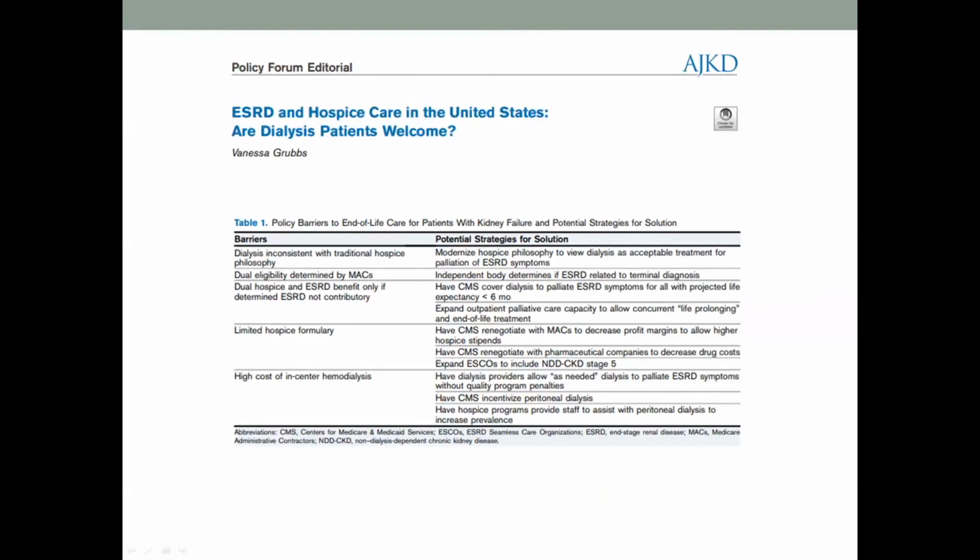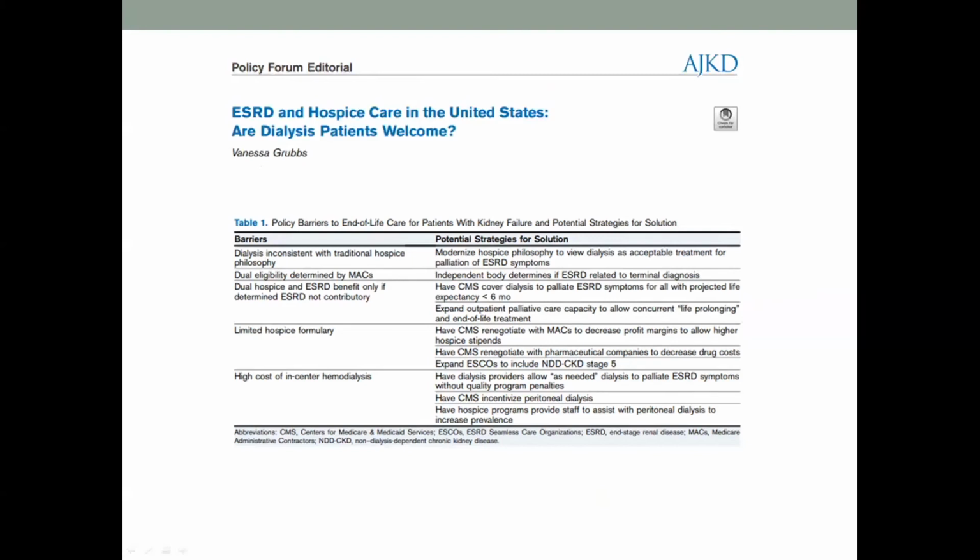re-look at their philosophy, because oftentimes there is this binary perspective that hospice and dialysis are like oil and water. They really shouldn't go together at all under any circumstances. This is somewhat perpetuated by the financial issues because of the way hospice is paid for, and also the way hospice organizations are reimbursed.